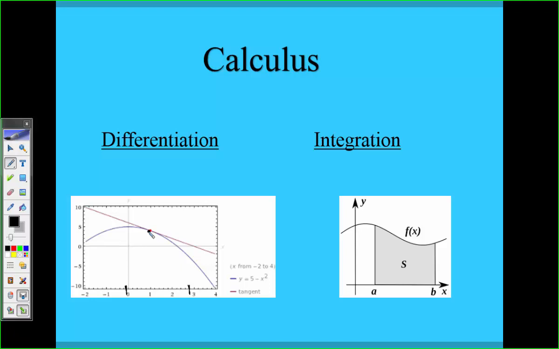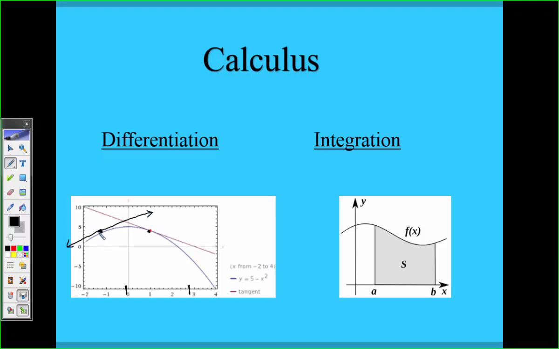Now take a look at what's happening with this tangent line. This tangent line represents the rate of change of that function at x equals 1. Notice if I drew a tangent line back here at about, let's say, negative 1.2. I know it doesn't look quite tangent, but let's say that's a tangent line to the curve at that point.